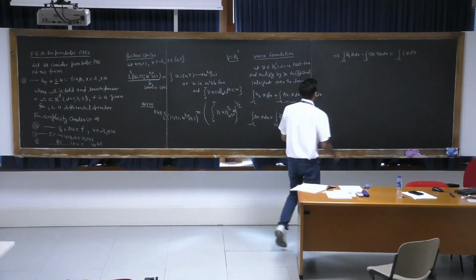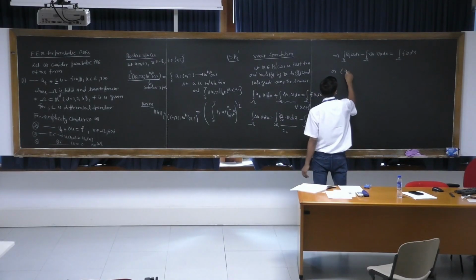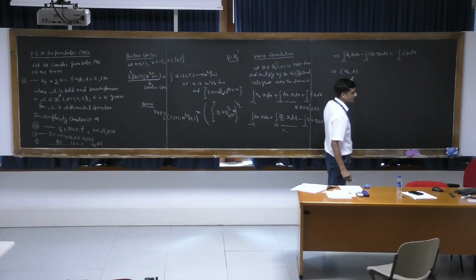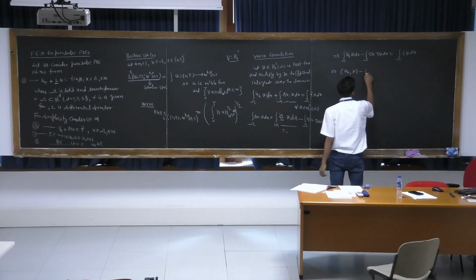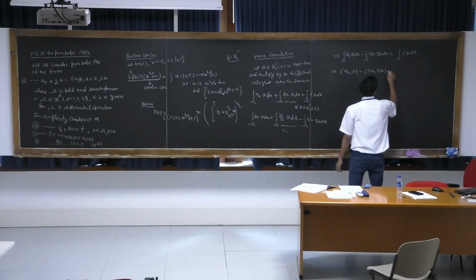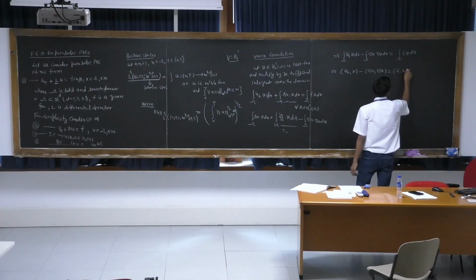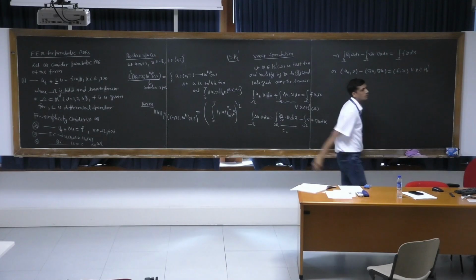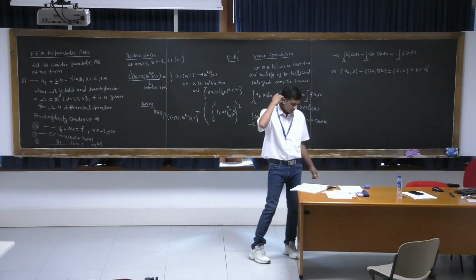Or you can write this as (u_t, v), because this is the inner product, minus (grad u, grad v) equal to (f, v) for all v belonging to H_0^1.